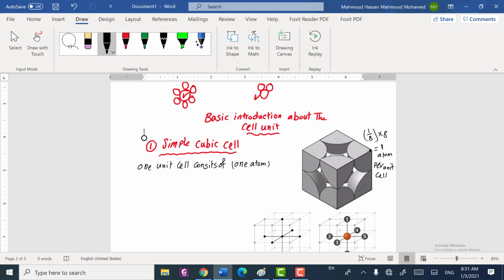Number 2, coordination number equals 6. What is meant by the coordination number? Coordination number means the atoms which are attached to a single atom.